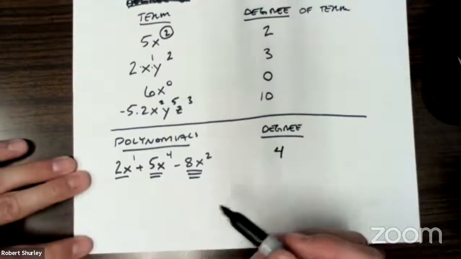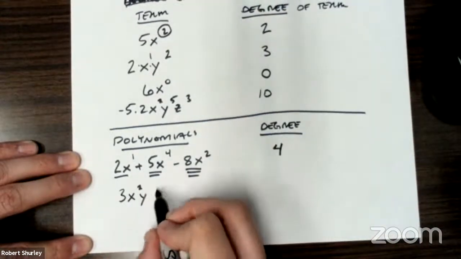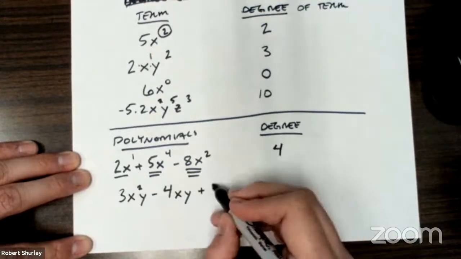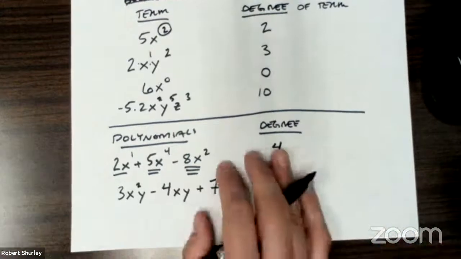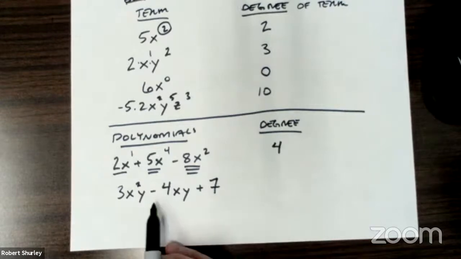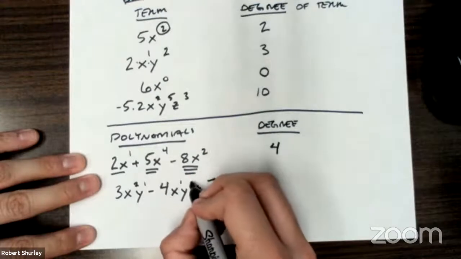Okay, so if we looked at another example, let's say 3x squared y minus 4xy plus 7. Now, again, we've got to think of these variables by themselves. There's really just a 1 there, right?